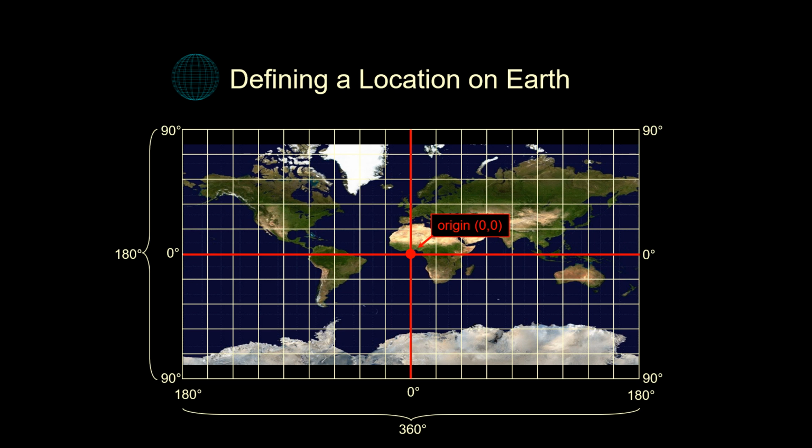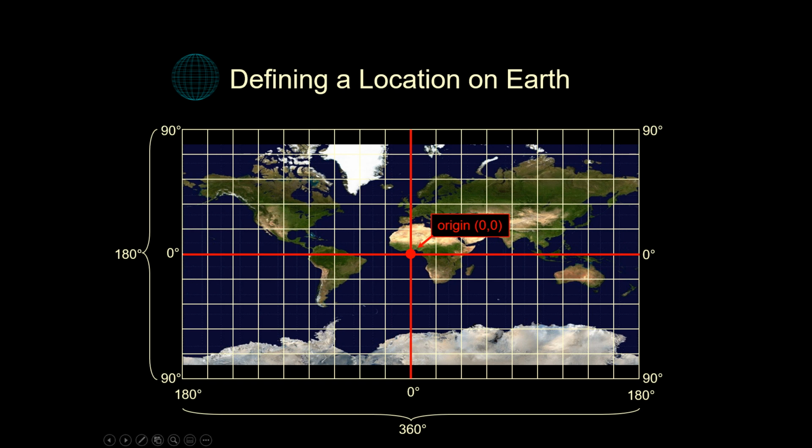And there's also 360 degrees that goes all the way around if you go from pole to pole. But if you're just looking at one side of the Earth, here we have 360 degrees of longitude, and this line on the left and right is really the same line if we wrap this around and form a cylinder. So that's the 360 degrees of longitude, and we'll get into what longitude is in just a minute.